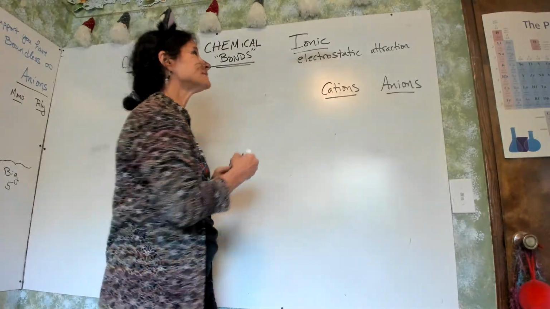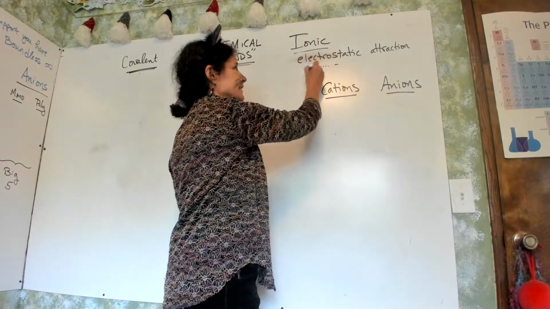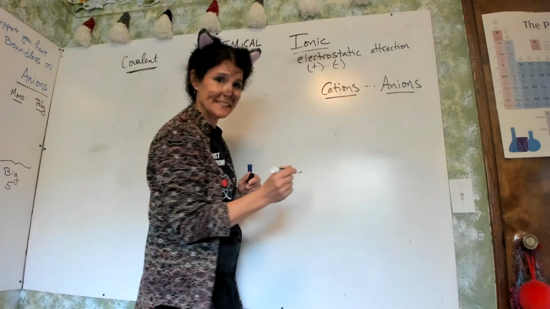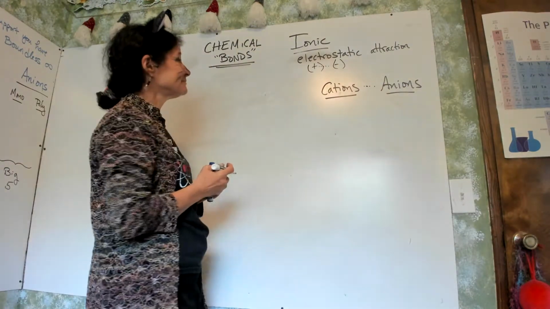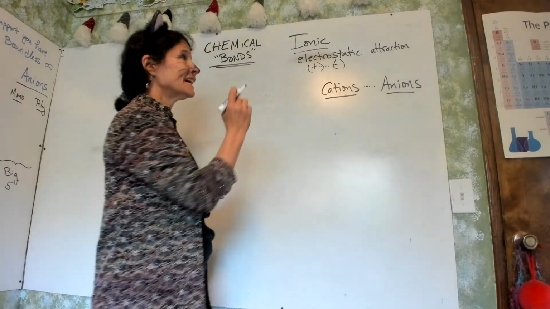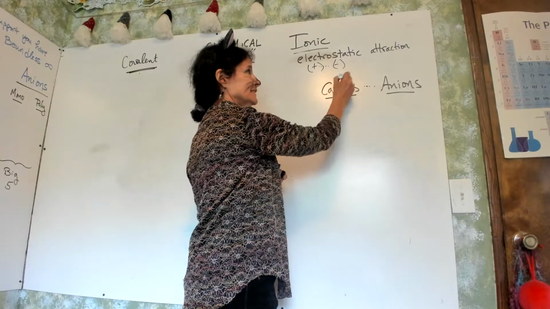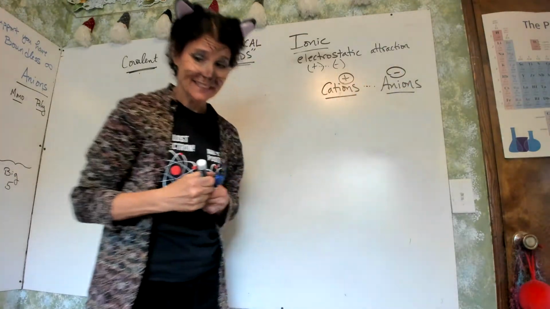Electrostatic means positive and negatives attract. So if we have a positive, it's attracted to a negative. It's attracted with dots. All right. Cations are positive. Anions are negative. So they're attracted.